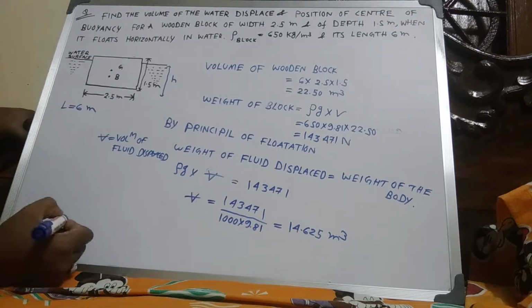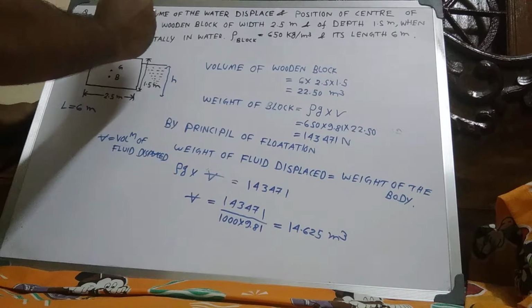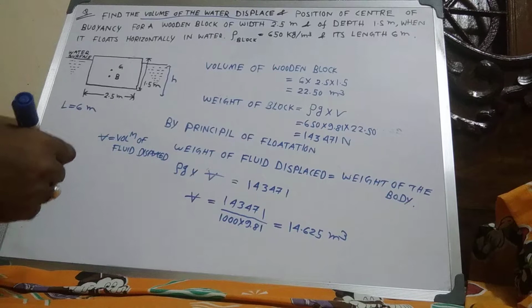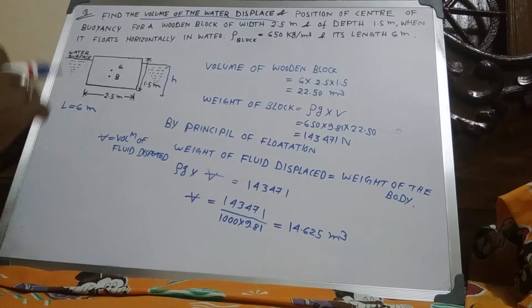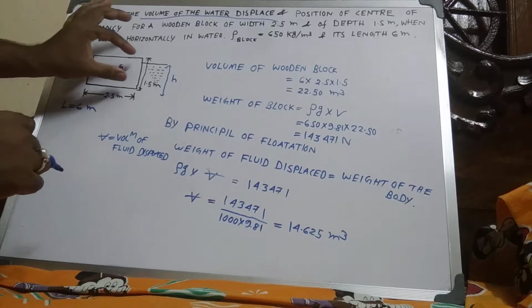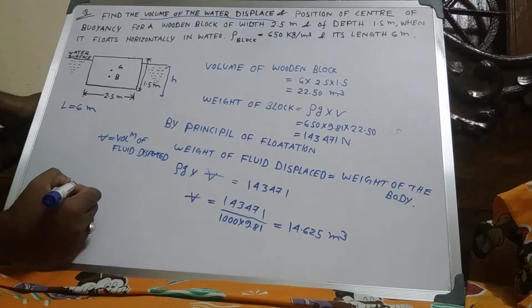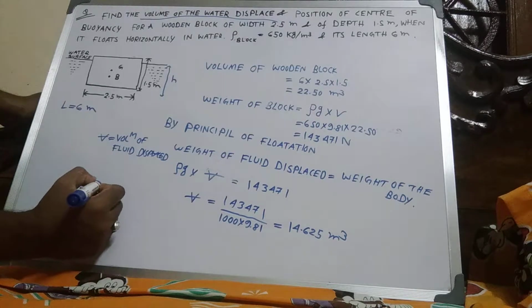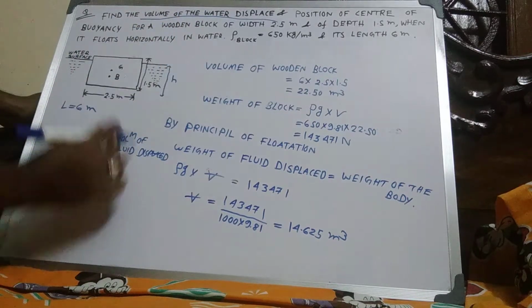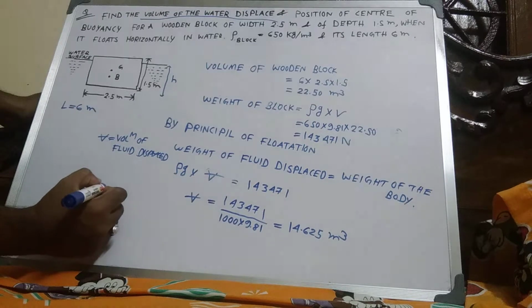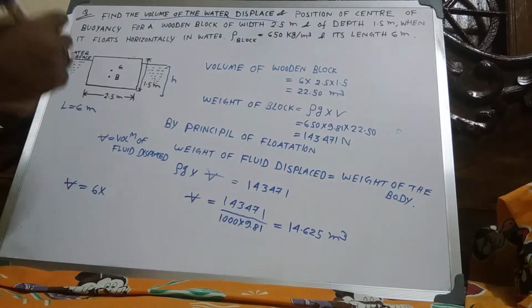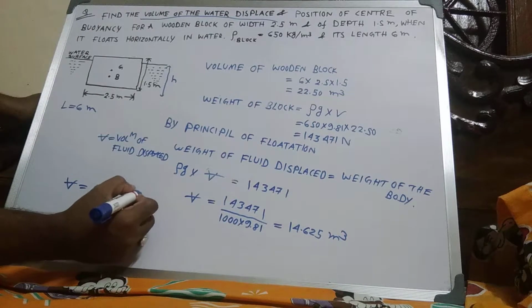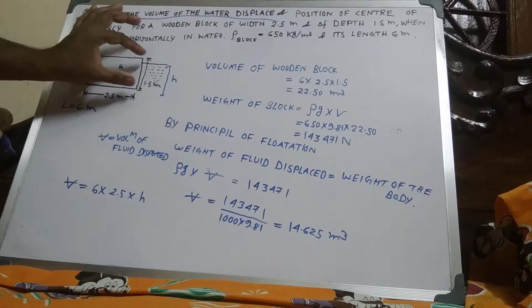Now the question: the first one is already calculated. Now, the position of the center of buoyancy. First, volume of displaced fluid is equal to length into width into depth h.